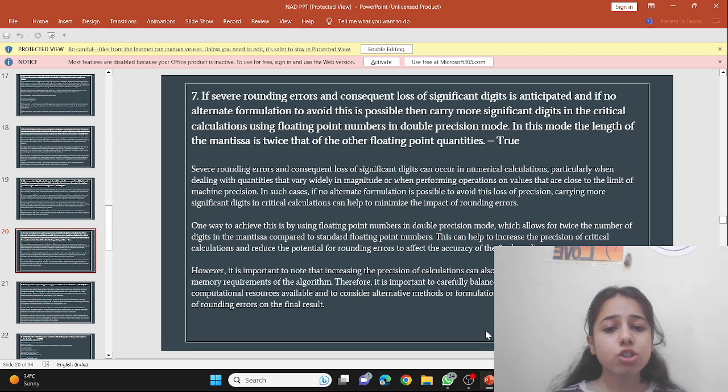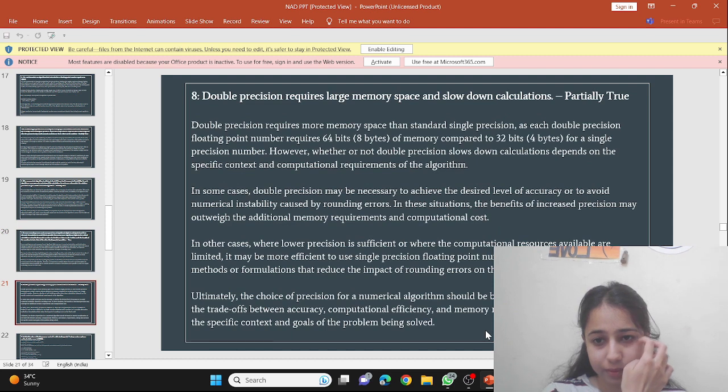Severe rounding errors and consequent loss of significant digits can occur in numerical calculations, particularly when dealing with quantities that vary widely in magnitude or when performing operations on values that are close to the limit of the machine precision. In such cases, if no alternate formulation is possible, carrying more significant digits in the critical calculations can help to minimize the impact of rounding errors.